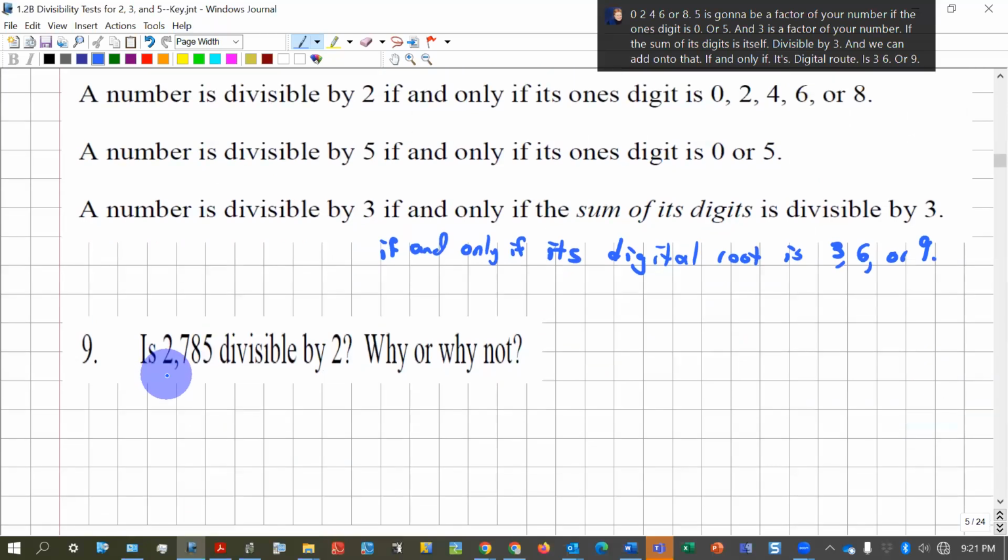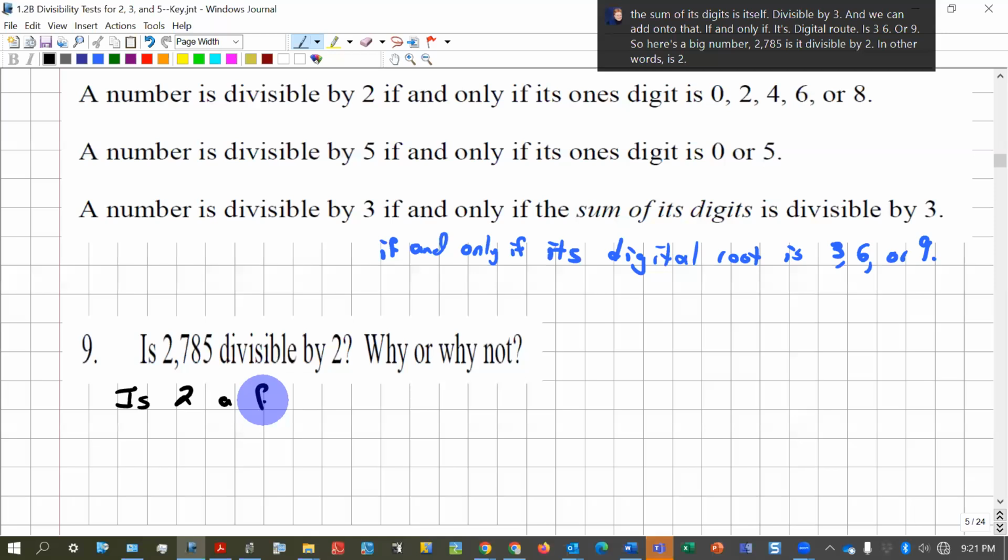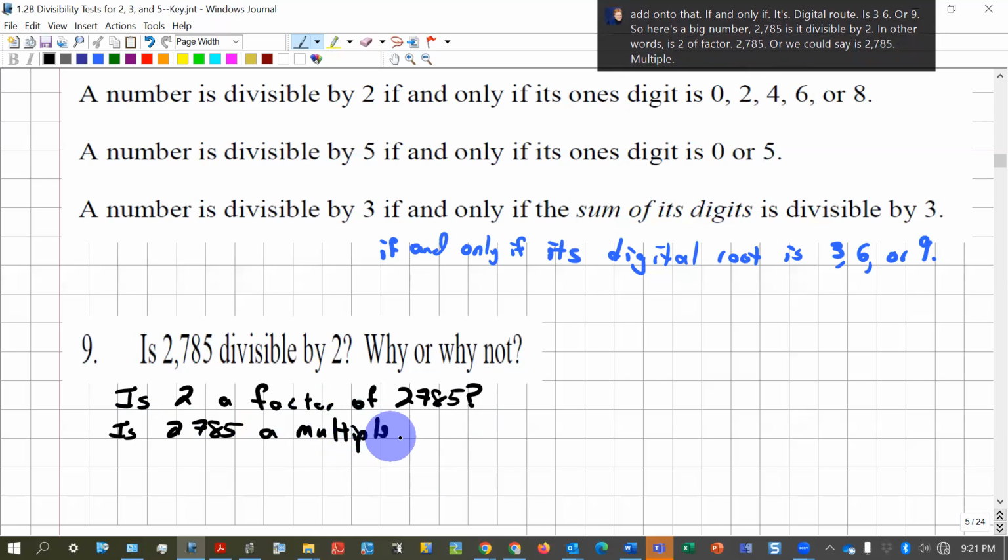So here's a big number, 2,785. Is it divisible by 2? In other words, is 2 a factor of 2,785? Or we could say, is 2,785 a multiple of 2?